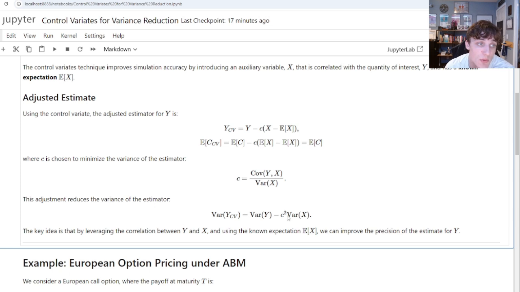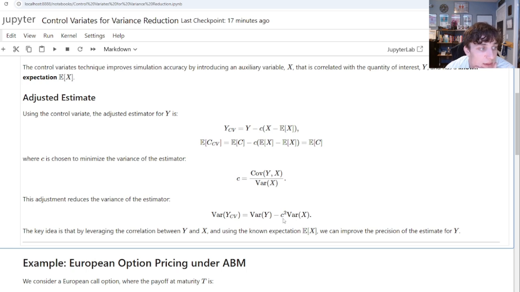How does this reduce the variance? Well, if we take the variance of both sides here, we can see that the variance of the control variate estimator is going to be equal to the variance of y less c squared times the variance of x.